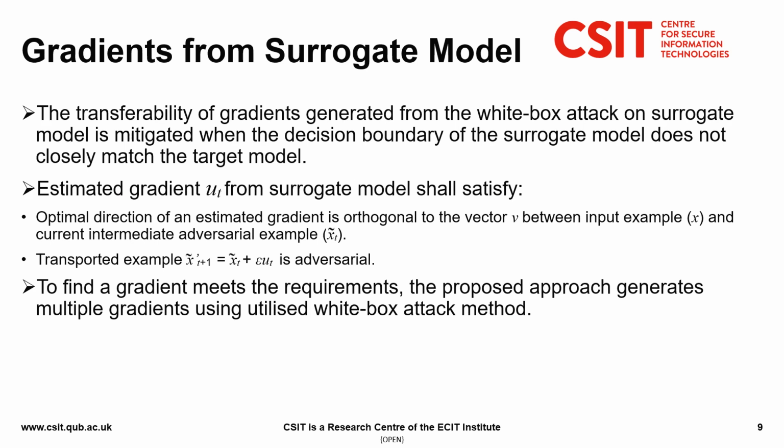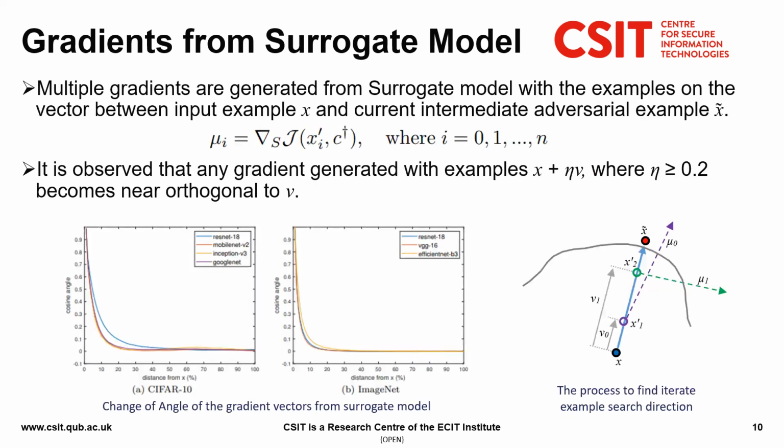To find a gradient that meets the requirements, the proposed approach generates multiple gradients using a white box attack method. Multiple gradients are generated from the surrogate model with the examples on the vector between the input example and the current intermediate adversarial example.